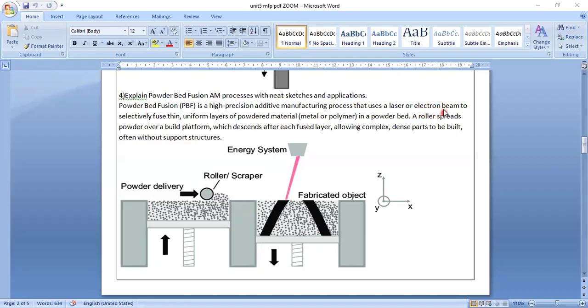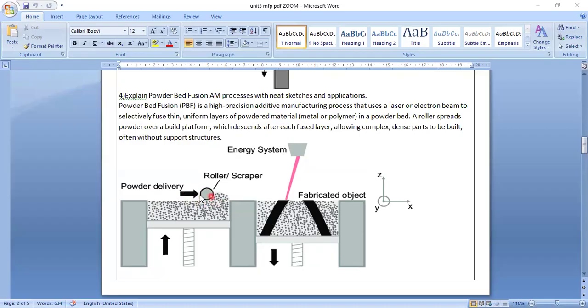So, laser or electron beam. The electrons are used as a beam and they are imposed, and you can see the metal is melted here. Uniform layers of powdered material are laid in the powder bed. This is the bed where we give powder, and after powder delivery, the rollers are there.